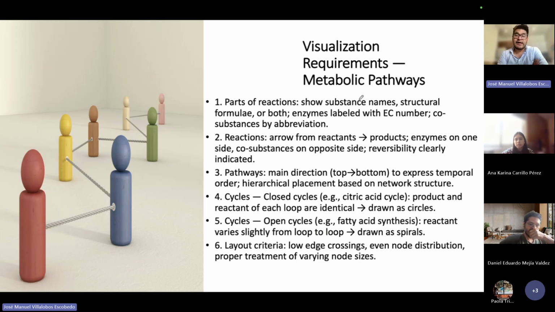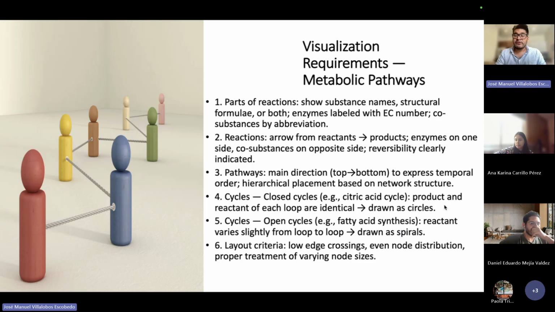Another part is about substance, and reversibility is clearly indicated, because if you remember, all of the reactions can go in reverse. In metabolic pathways, we can see, for example, one reaction that is happening in one direction and can also happen in another direction, and usually we can show that in the pathway.